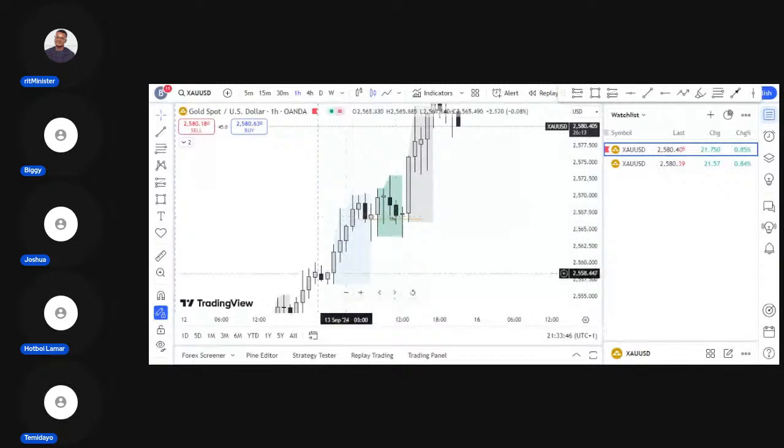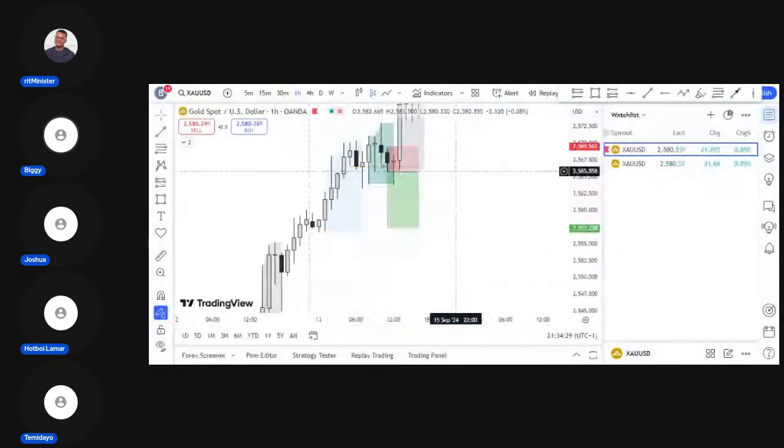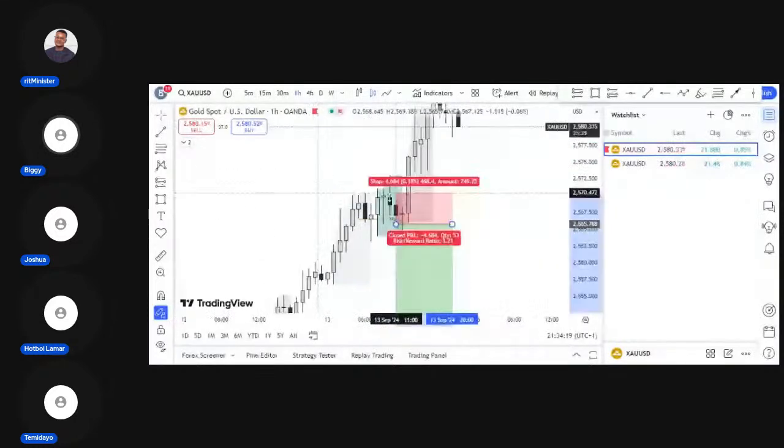Start reversing now back to this particular zone. So assuming this particular candle, your entry would be something like this, and then your TP can be somewhere here. That's just an example of knowing if a zone has been violated or not.